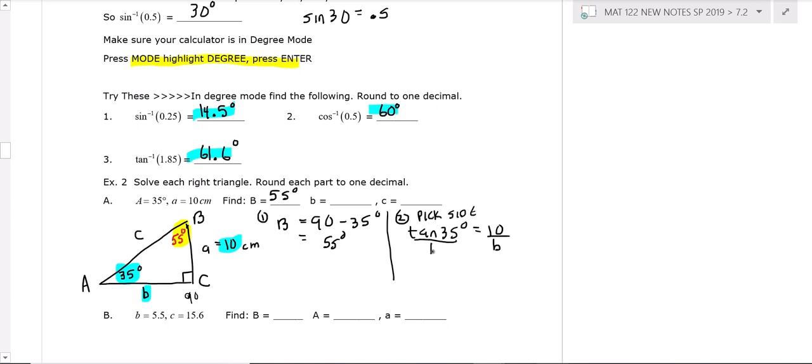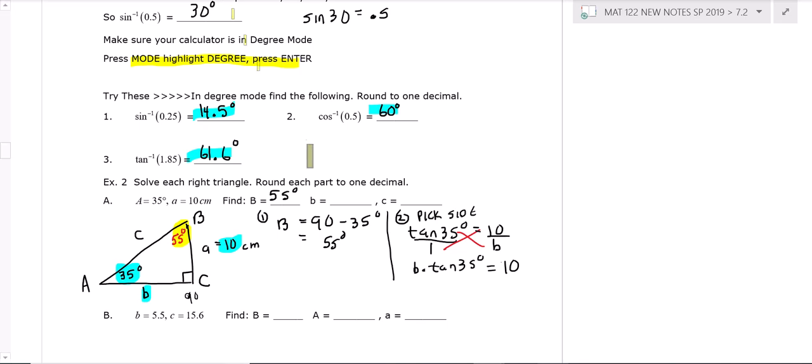So that's a ratio. Tangent of 35 is opposite over adjacent, so it's 10 over b. If I cross multiply, take that times that, and that times that, I would get b times tangent of 35 degrees is equal to 1 times 10, which is 10.